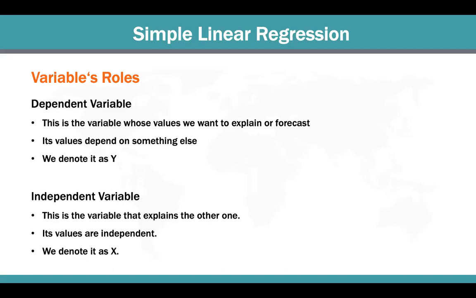We will denote it as y. The independent variable is a variable that explains the other one. Its values are independent, and we will denote it as x when we use simple linear regression models.